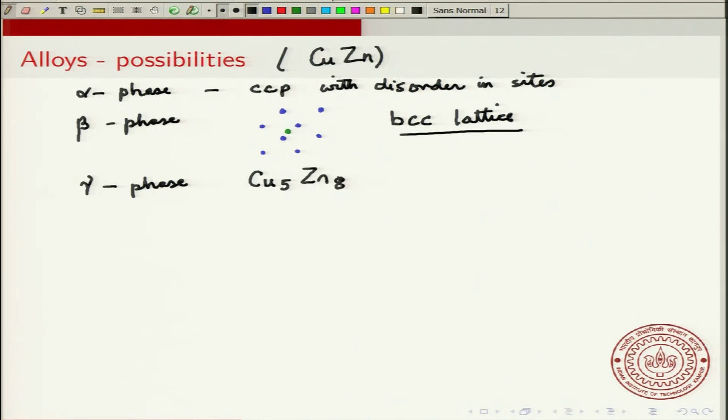That is 13 atoms, and 4 of these units make a total of 52 atoms. They form a big unit cell. So the stoichiometry here is Cu5Zn8, and 4 of these Cu5Zn8 units together form a rather complicated looking unit cell, which is called the gamma phase.